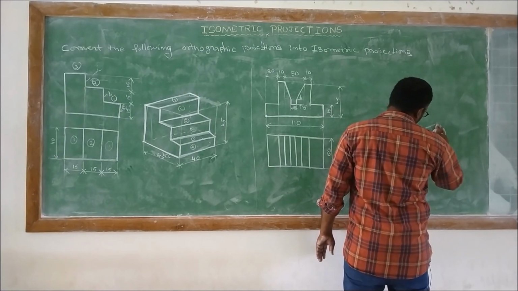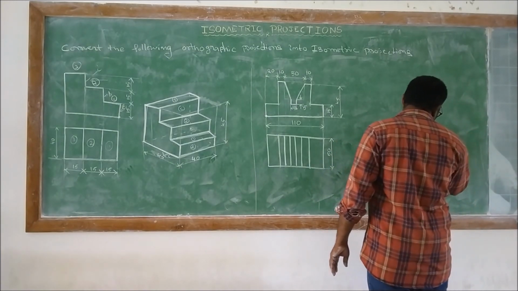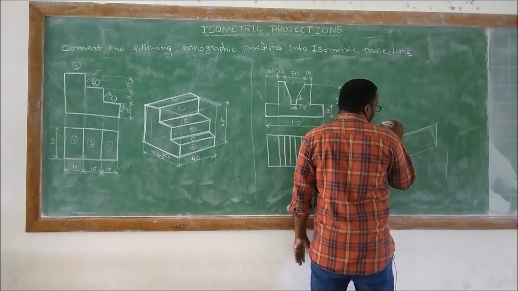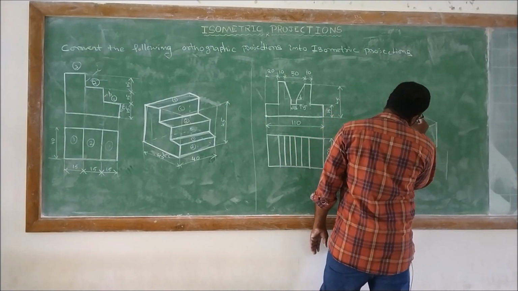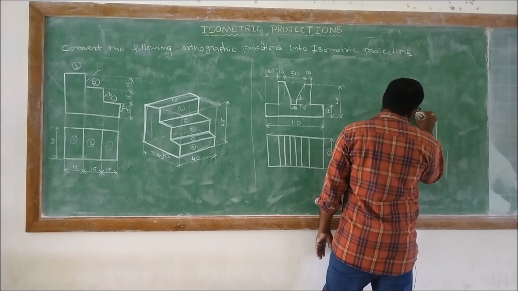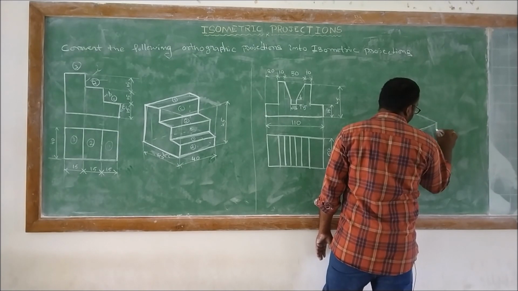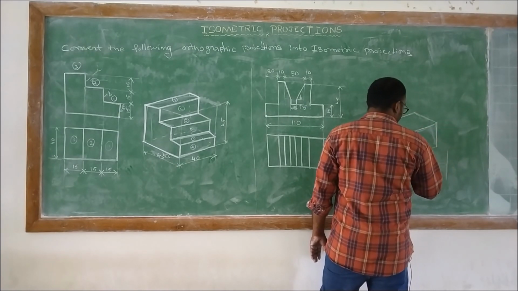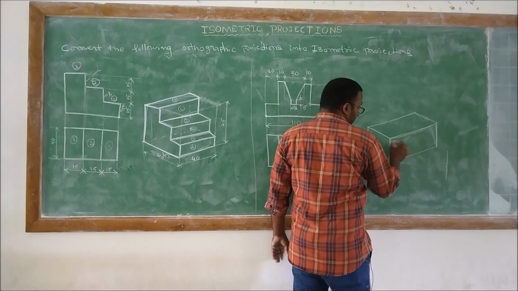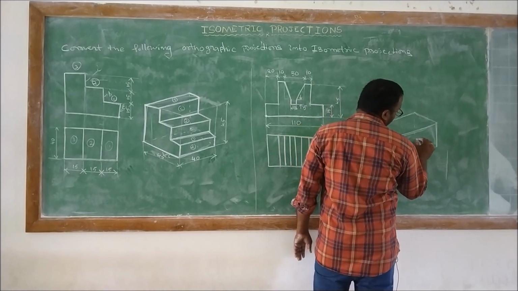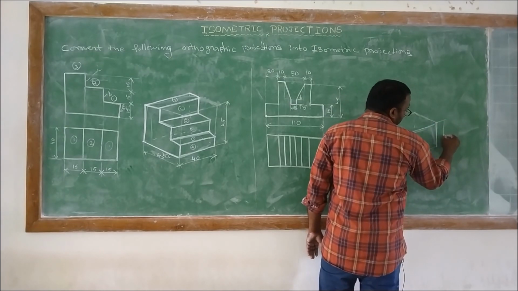So the vertical line will be vertical, right? So whatever the problem is, based upon the given dimensions, we must construct the box.